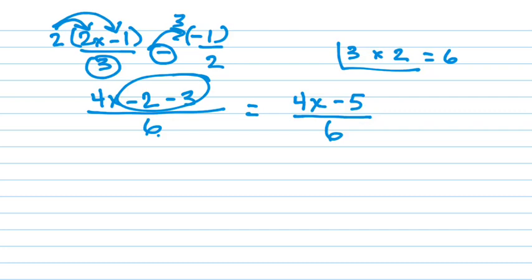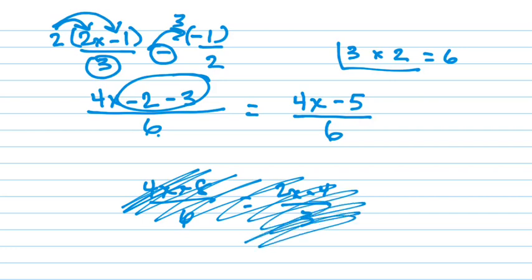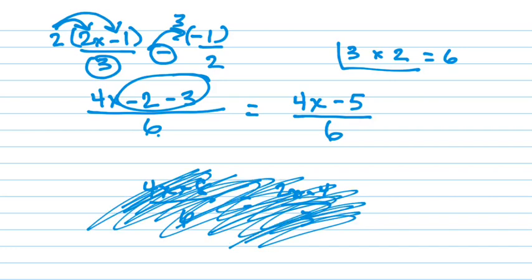Like if you had 4x minus 8 divided by 6, will those all divide by 2? Yes. Then you can divide them all by 2, which will give you 2x minus 4 over 3 when you're done. Right? Okay? But unless they all divide, then don't worry about doing it to any of them. So 4 and 6 will divide by 2, but the 5 won't, so you can't divide any of them.